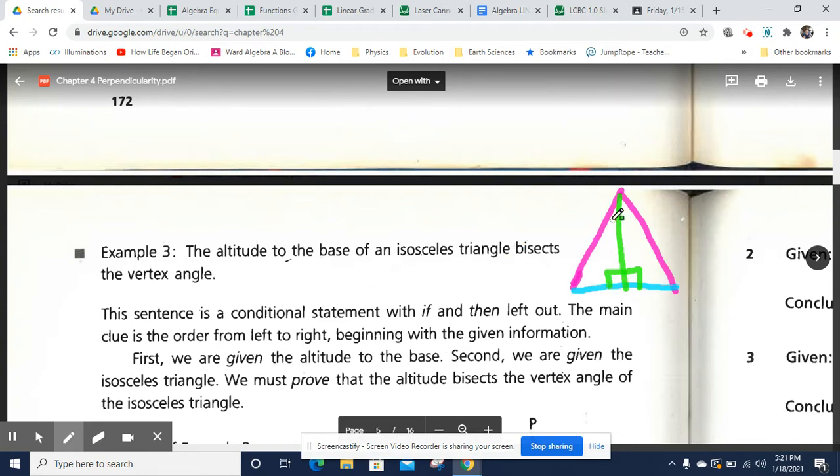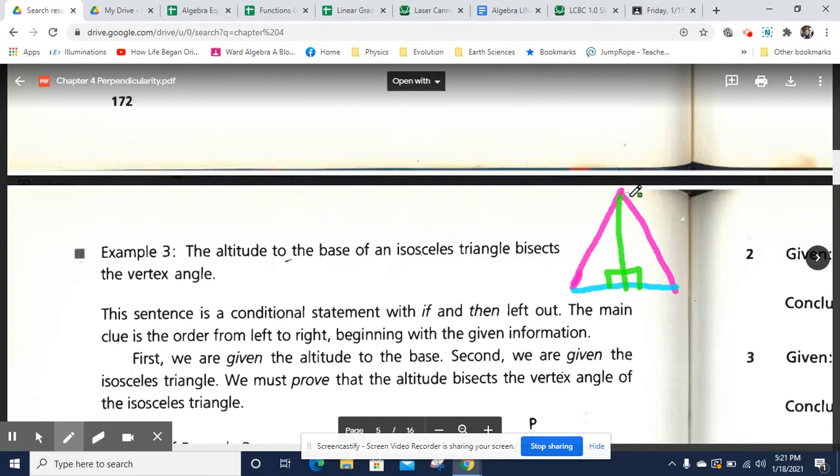And we want to prove that it bisects this vertex angle, so it'd be useful to prove that this triangle is congruent to this one. By now, it should be fairly straightforward to prove these two triangles are congruent because they are right triangles. The altitude is congruent to itself.